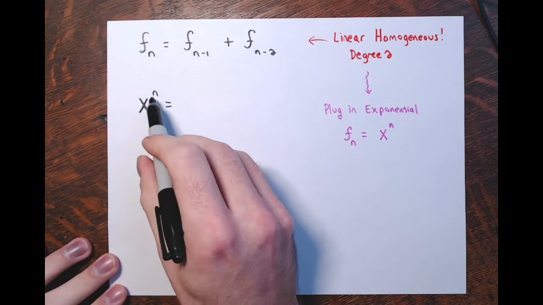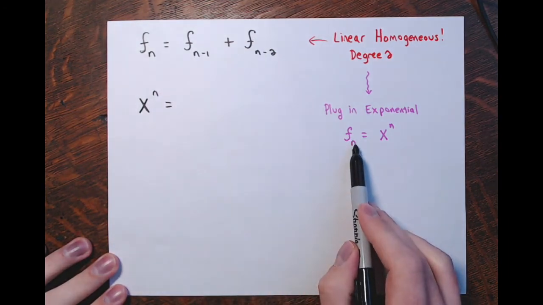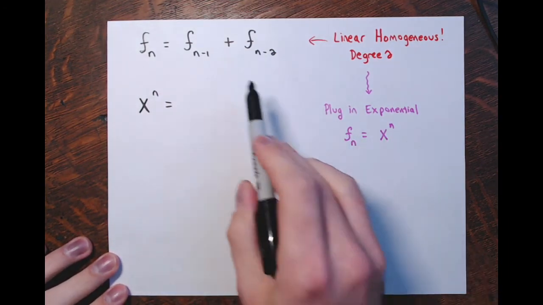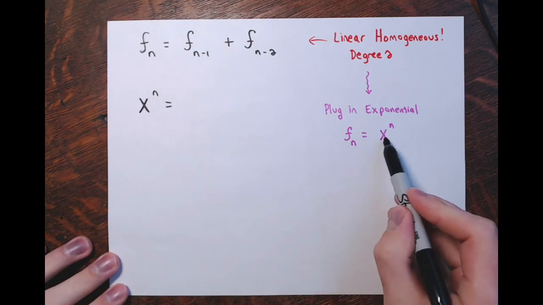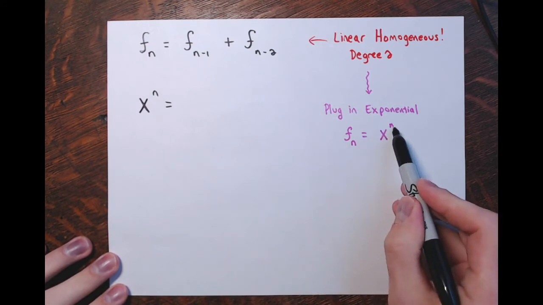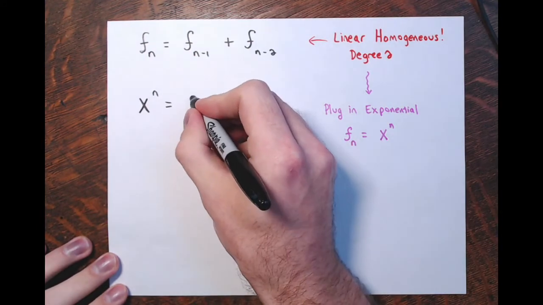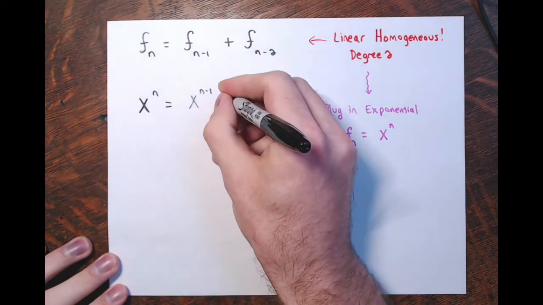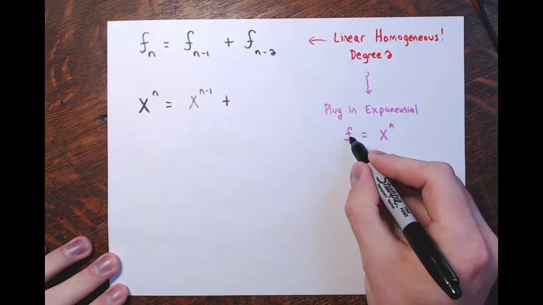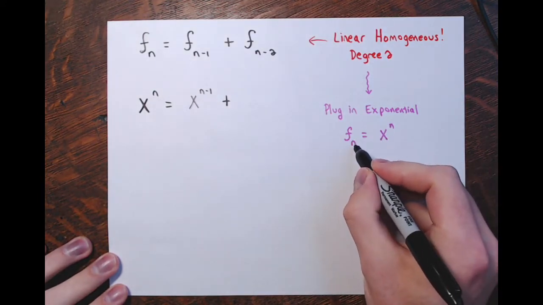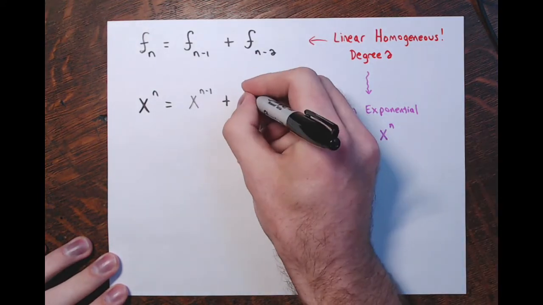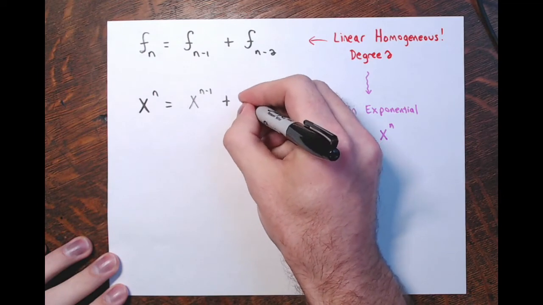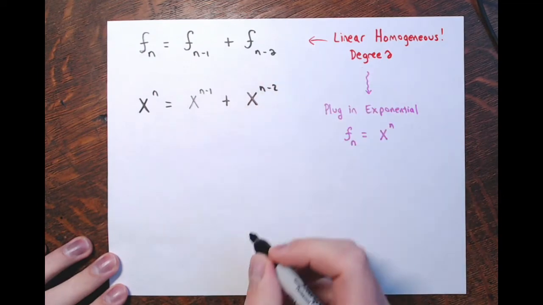If that's f sub n, the function with the input of n, then f sub n minus 1, replacing n with n minus 1, would be x to the n minus 1 power. Plus, and then f sub n minus 2 would be x to the n minus 2.